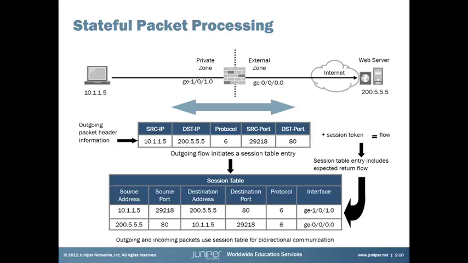Alright, it's going to destination port 80. Alright, so it's web traffic. And what it does is, okay, I'm going to create a session table that says there is the traffic that I've identified. It's going out on a particular interface. And then it will actually create this flow. We'll look at this in more detail later.